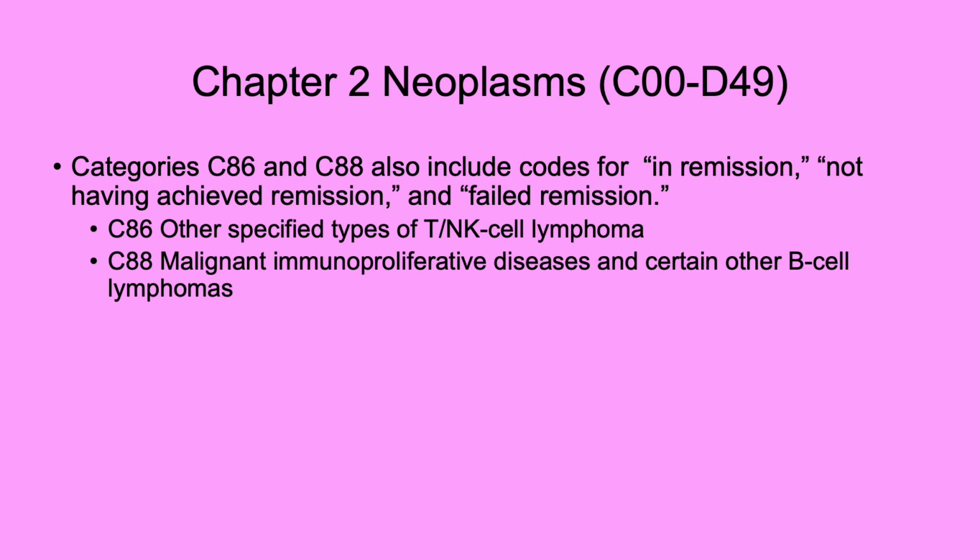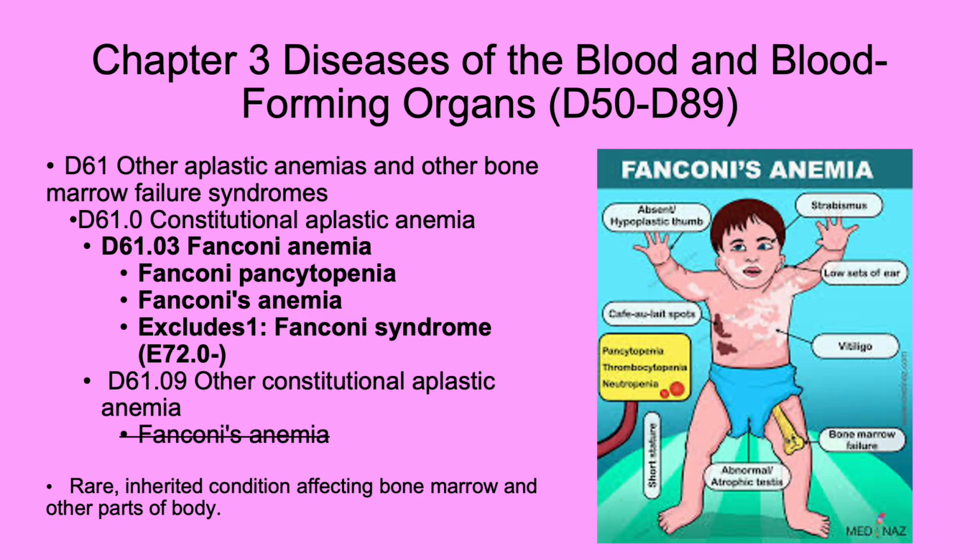So this is C86, other specified types of T and K cell lymphoma, and C88, malignant immunoproliferative diseases and certain other B cell lymphomas. So these have in remission, not having achieved remission like the previous one said, but also failed remission. Okay, so that's Chapter 2.